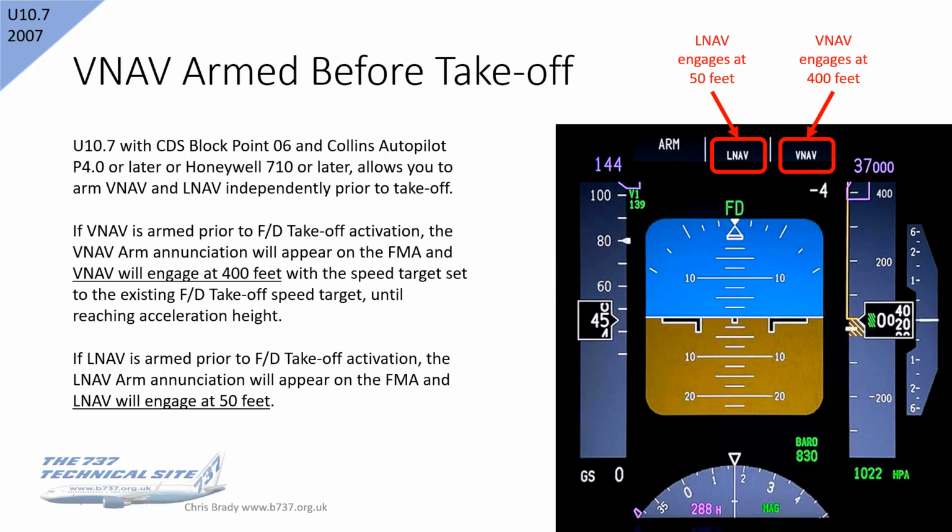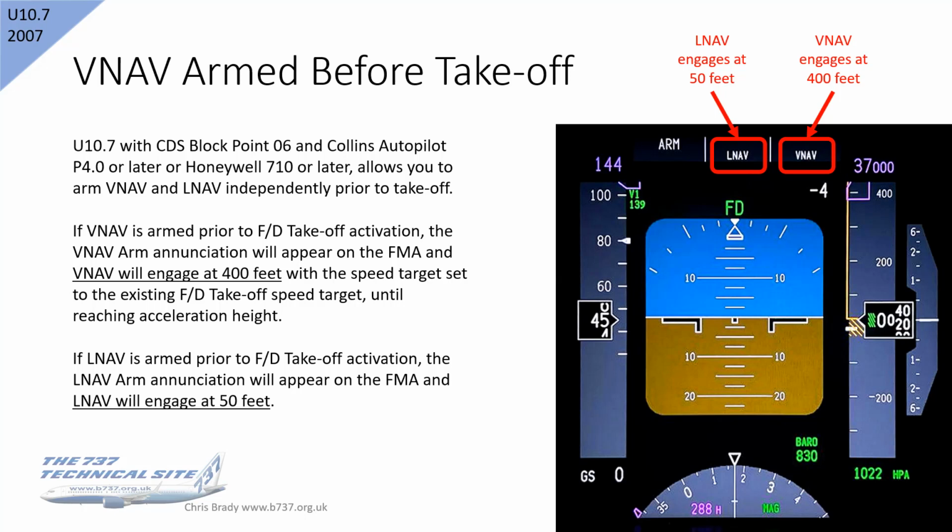VNAV on before takeoff. So with 10.7 and CDS block 0.6, so that's the software update for the display systems, and with the Collins Autopilot on software 4.0 or later, or Honeywell 710 or later. So with all of those particular other criteria, you can now arm VNAV and LNAV independently prior to takeoff.